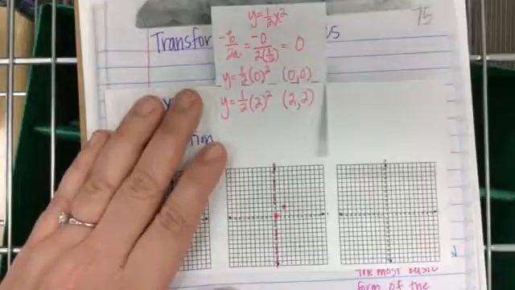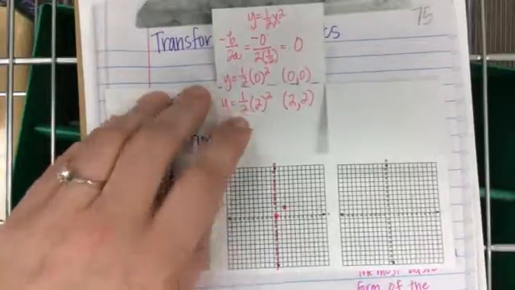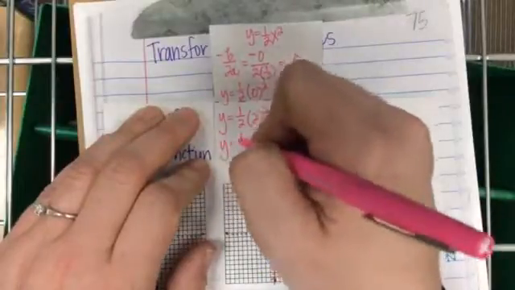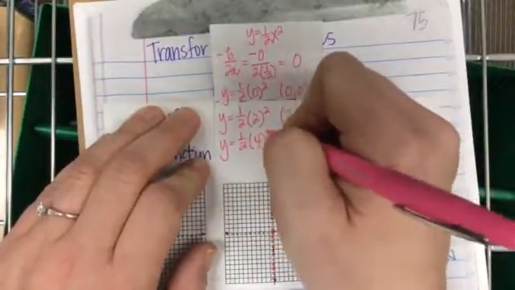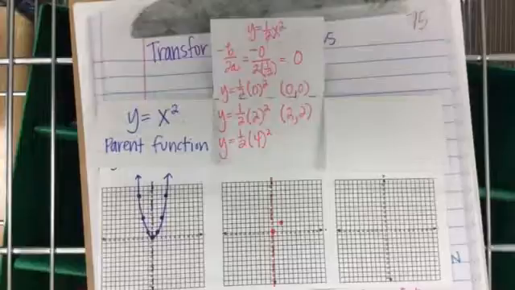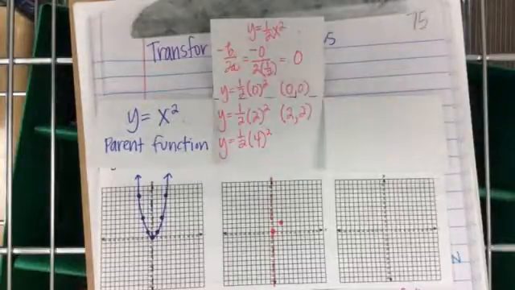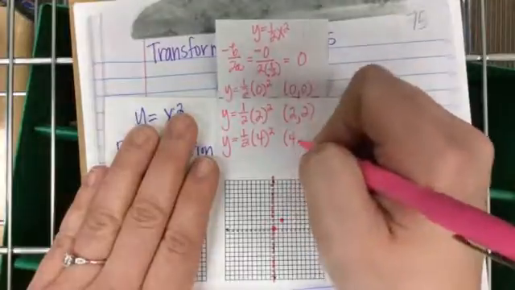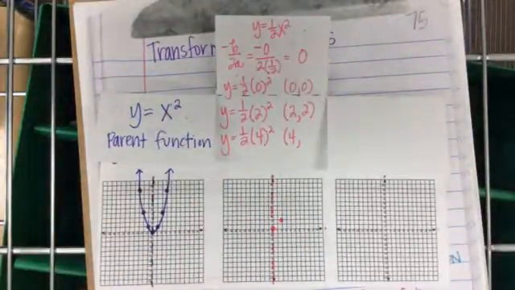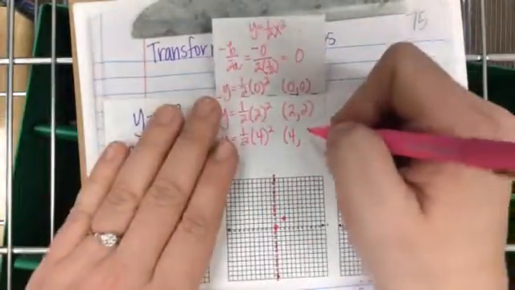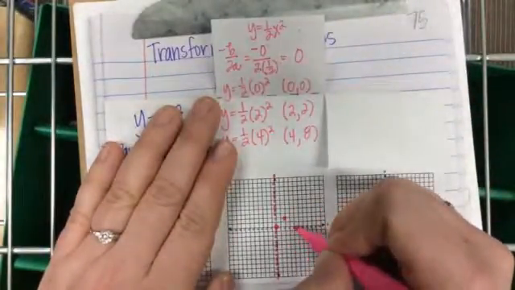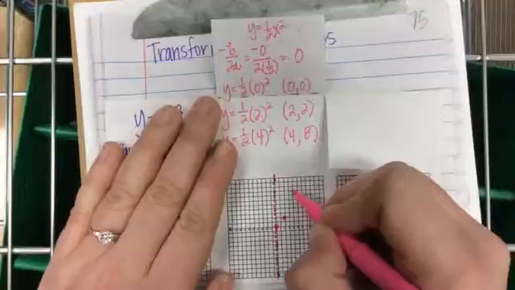I could substitute 3, but it's not a multiple of my denominator. So this time I'm going to substitute 4, because 4 is a multiple of my denominator. All right, so 4 squared, 4 times 4 is 16, times 1/2 is 8. So 4, 8.